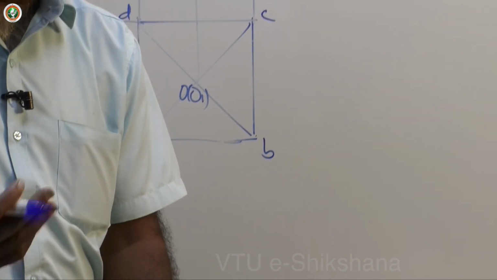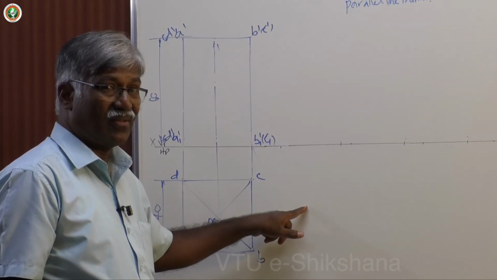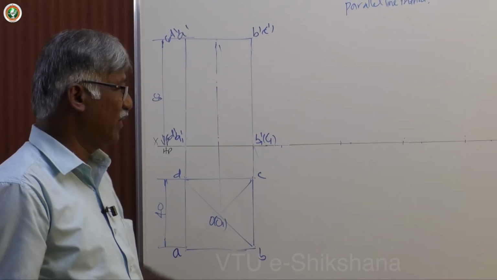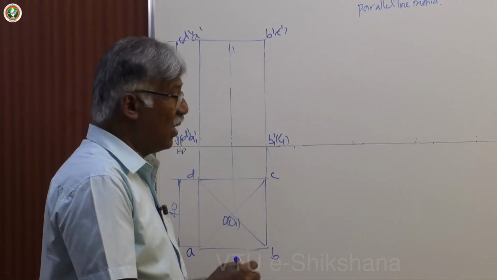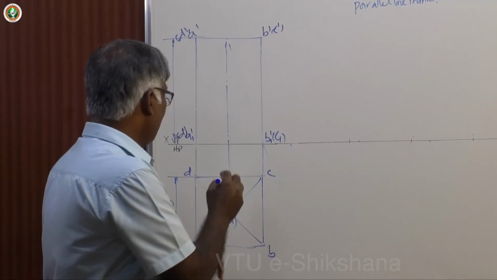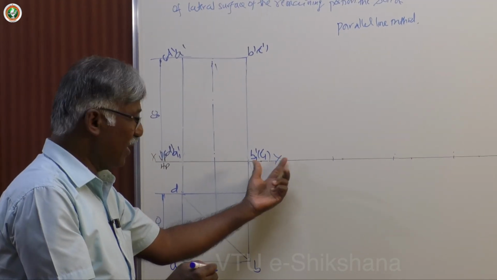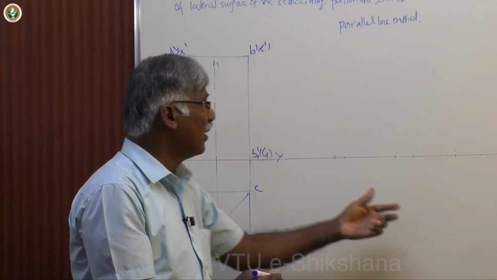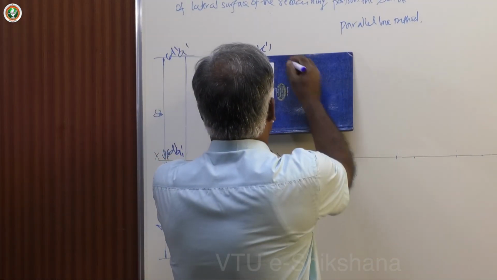So first, how to draw the overall development of the entire lateral surface. Forget about the base and top face. Development means here it is only the lateral surface. Okay, now parallel line method. Now let me restrict XY only to this part. Then from this onwards, the development part. Now draw lines parallel to the base and top face lines.